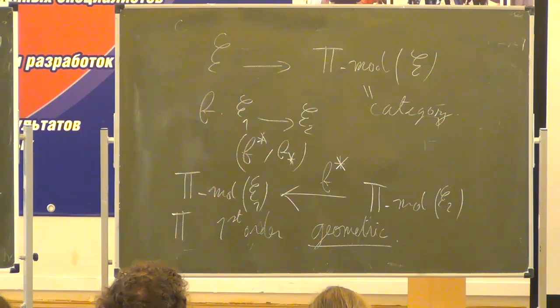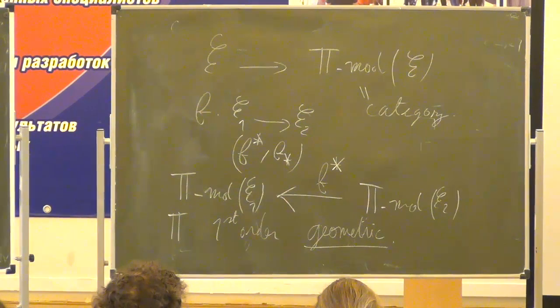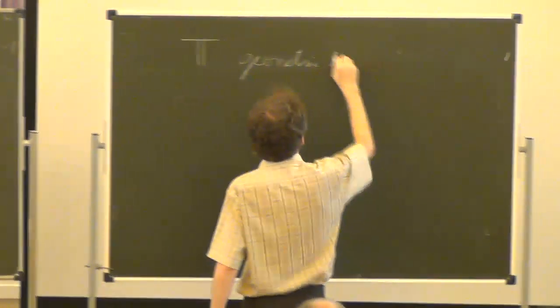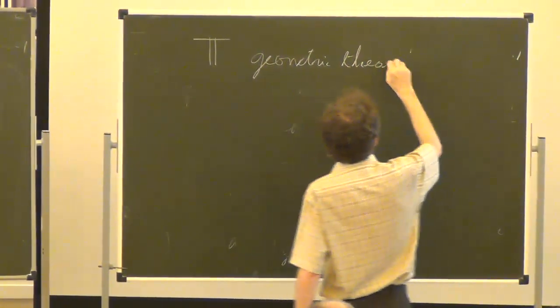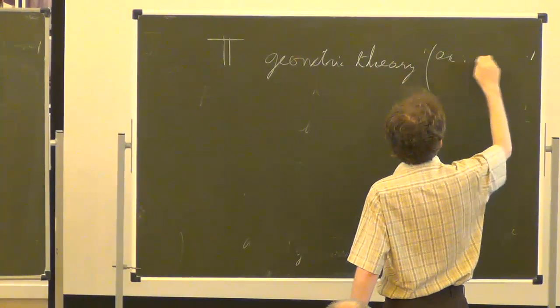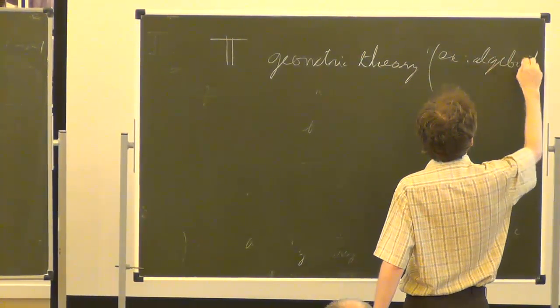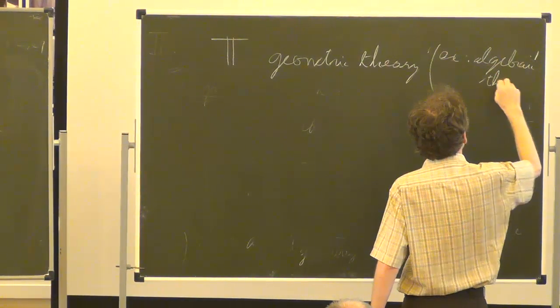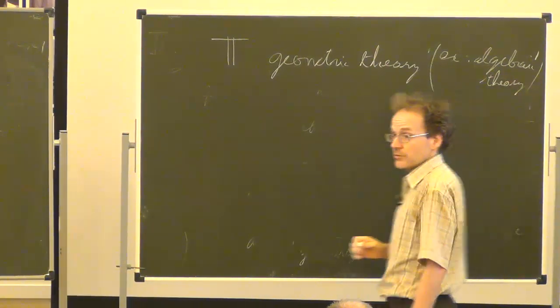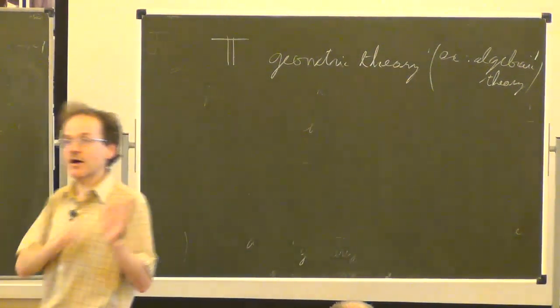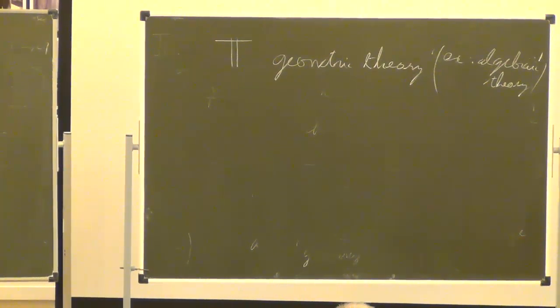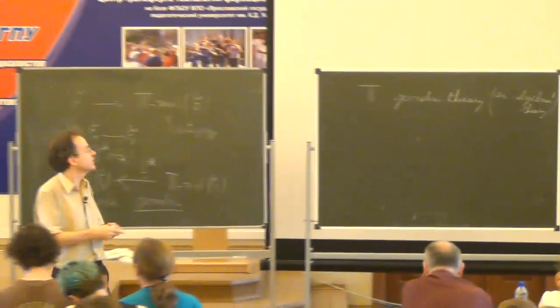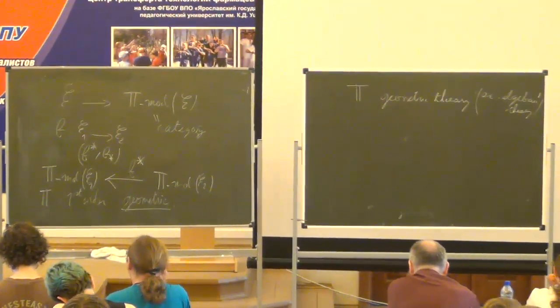Precise definitions will be given tomorrow. So I consider an arbitrary geometric theory. So, for example, any algebraic theory. So all theories in algebra are geometric, and I repeat, in fact, there are many more theories than geometric theories.